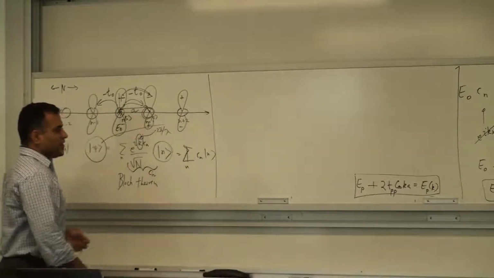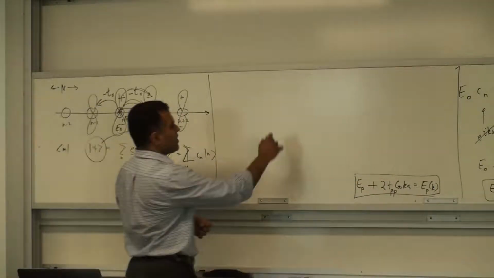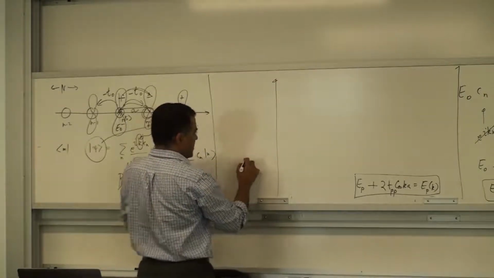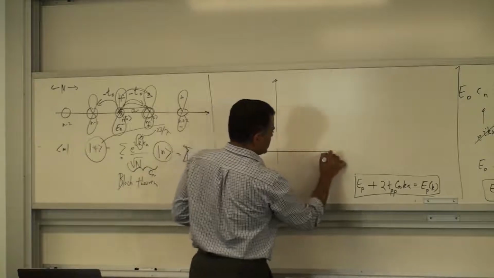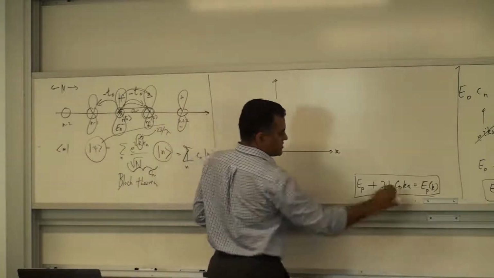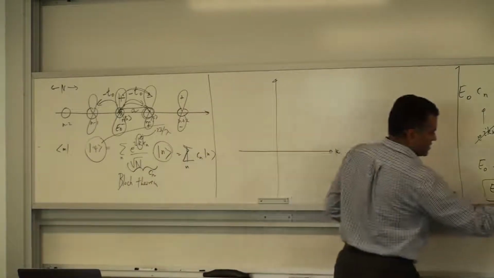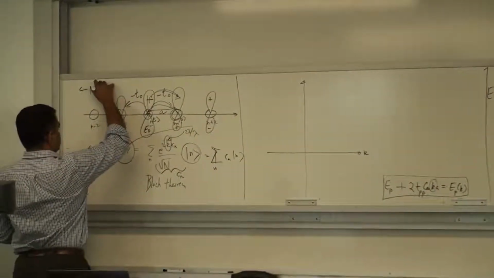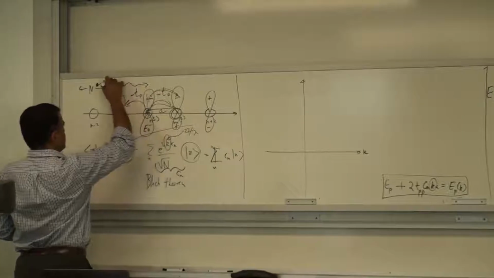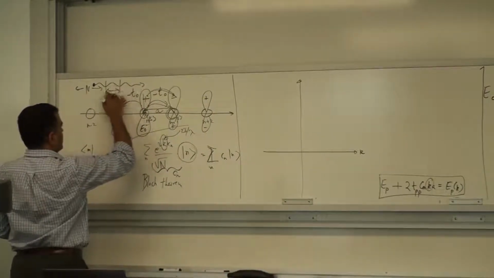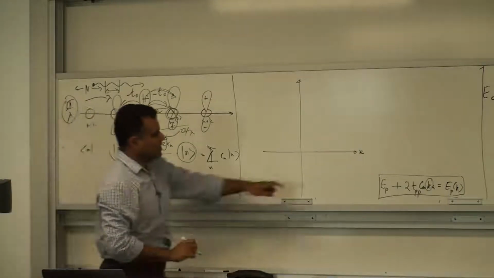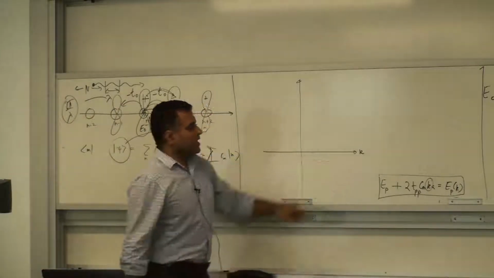Now if I were to plot these two bands, the physical meaning of this hopping is the following. I have k, which is the wave vector of the electron. The electron that is moving here has a certain wavelength, and k is 2 pi by the wavelength.